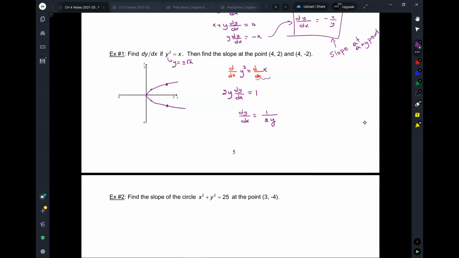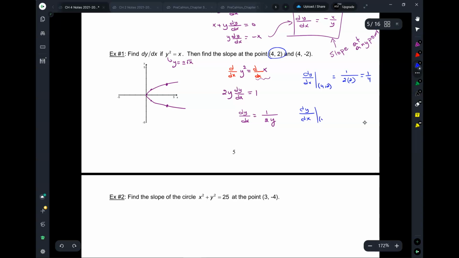Okay? That's the derivative. So now I'm first asked to find the derivative at 4, 2. So here's how I do that. dy dx evaluated at 4, 2 is equal to 1 over 2 times, insert the y value, 2, so 1/4. dy dx evaluated at 4, -2 is 1 over 2 times -2, which is -1/4.